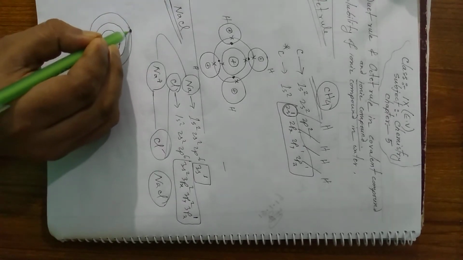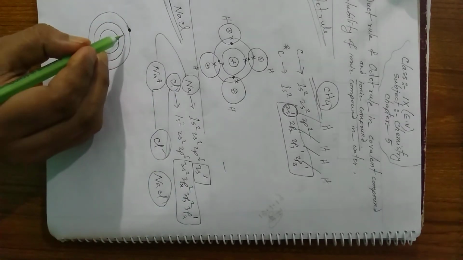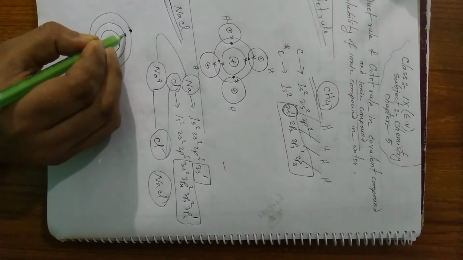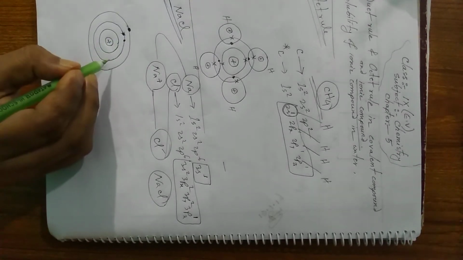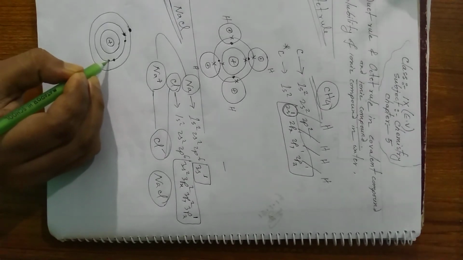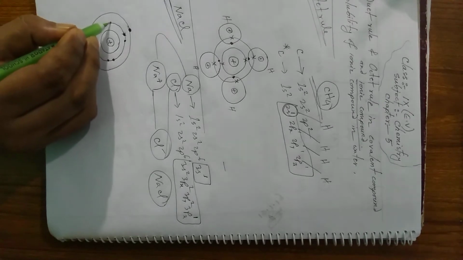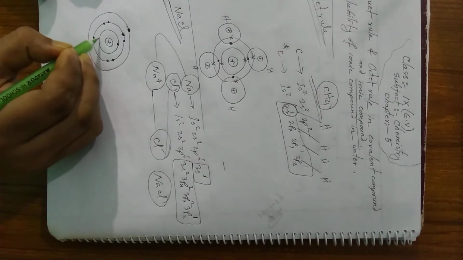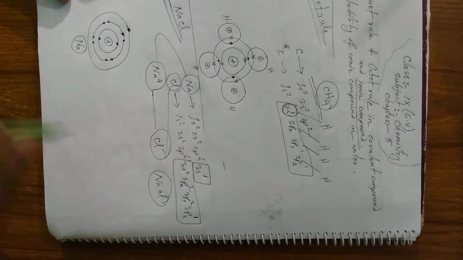This is the last electron of sodium. 1, 2, 3, 4, 5, 6, 7, 8. This is sodium.